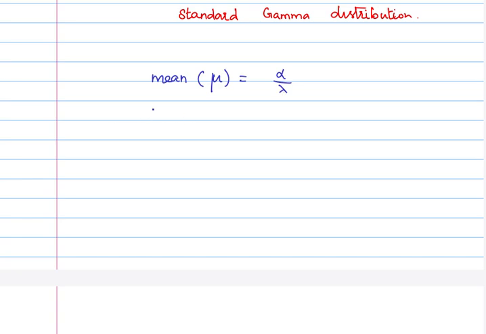The variance is always denoted by the Greek letter sigma square. Sigma, the square root of variance, is our standard deviation. Sigma means standard deviation, sigma square means variance. Variance equal to alpha divided by lambda square. This is the mean and variance of gamma distribution.